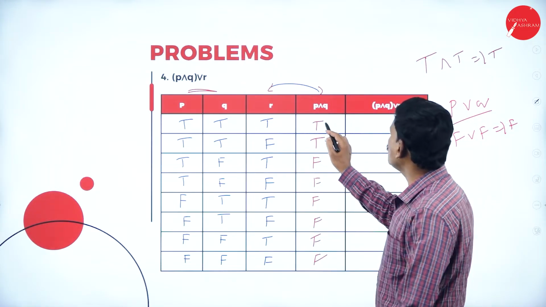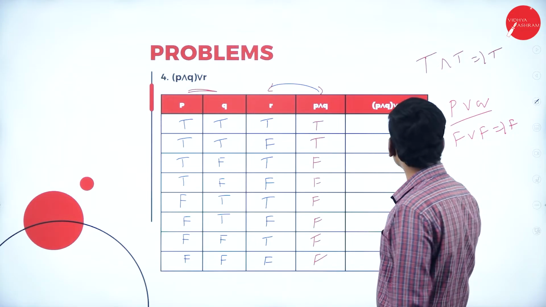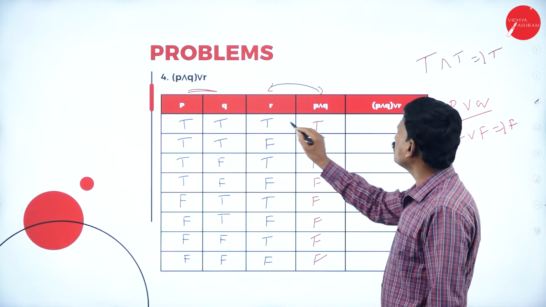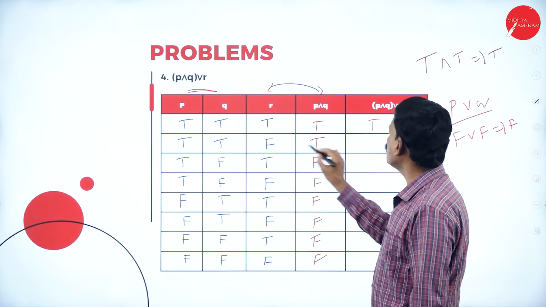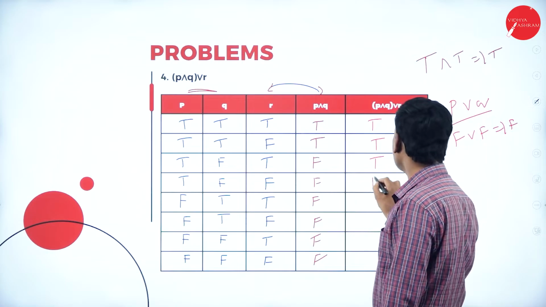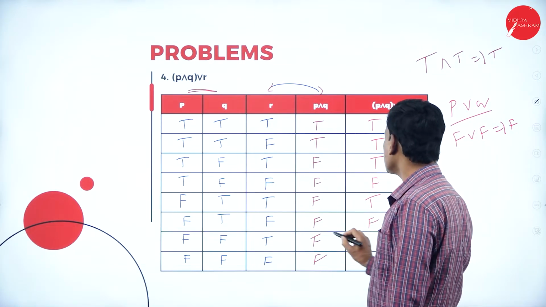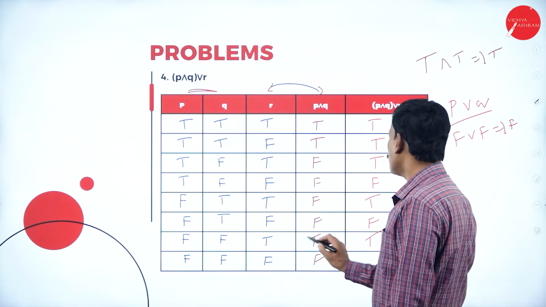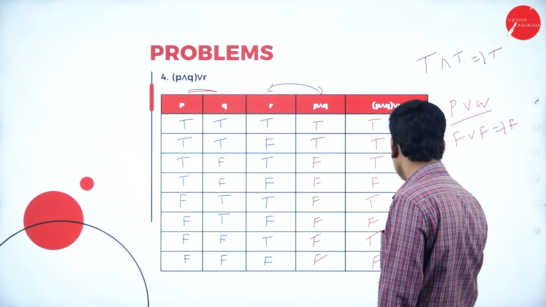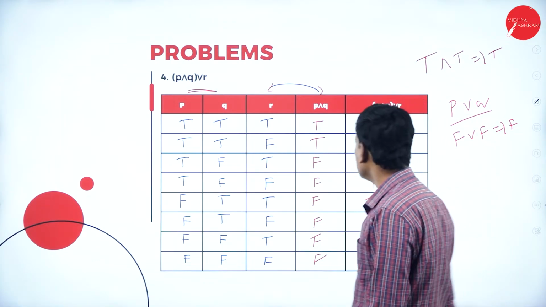So true and true is true, true and false is true, false and true is true, false and false is false, false and true is true, false and false is false, false and true is true, false and false is false. So this is the truth table for P conjunction Q disjunction R.